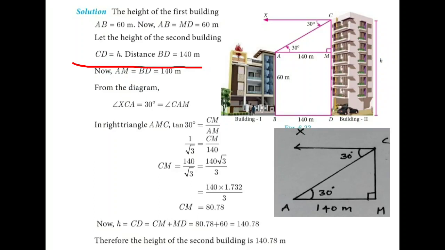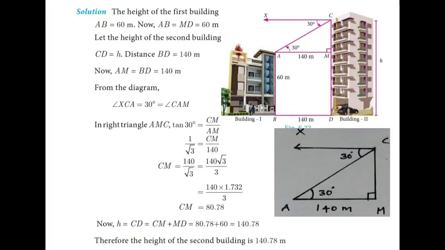Distance BD is equal to 140 meter. Now AM is equal to BD is equal to 140 meter. From the diagram, angle XCA is equal to 30 degree is equal to angle CAM. Since both angles are alternate interior angles, angle XCA is equal to angle CAM is equal to 30 degree.